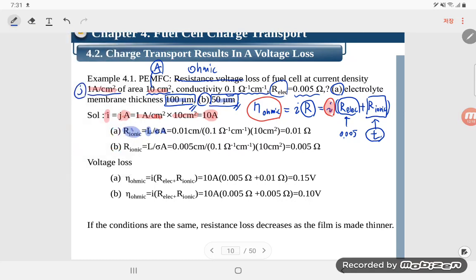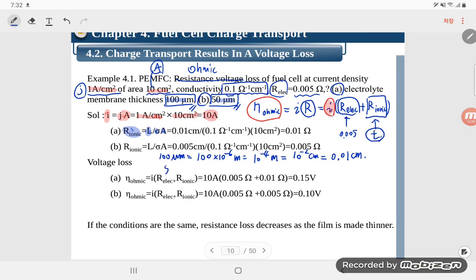Because this conductivity has a unit of Siemens per centimeter, let's convert it into centimeter. So what is the 100 micrometer? 10 to the minus 6 meter, then 10 to the minus 4 meter, and we can convert it into centimeter. Okay, then now we have 0.01 centimeter.